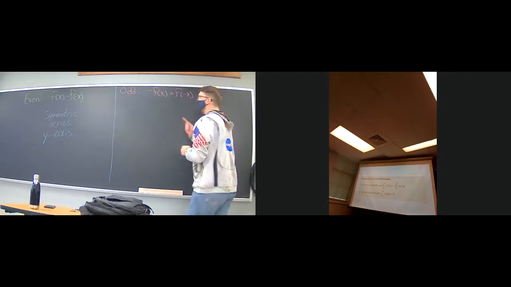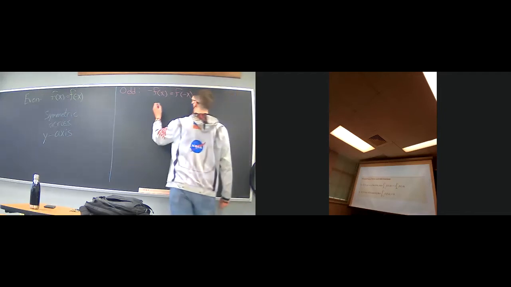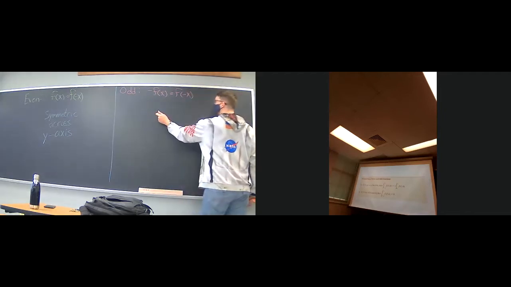Does that make sense? So when we reflect across the y-axis and then down across the x-axis, we have the same image. Make sense? And in that way, they're symmetric across the line y equals negative x. Cool?